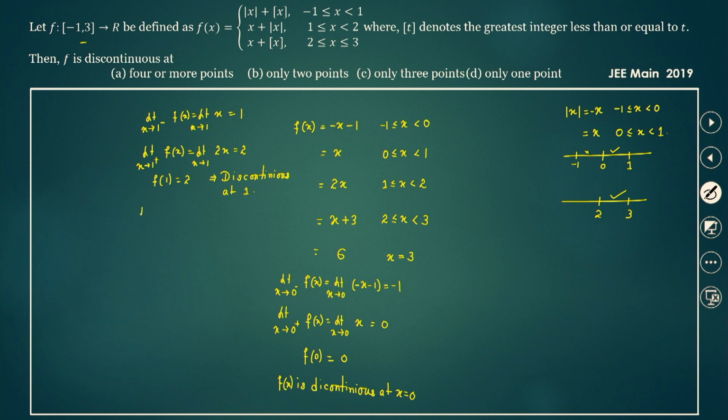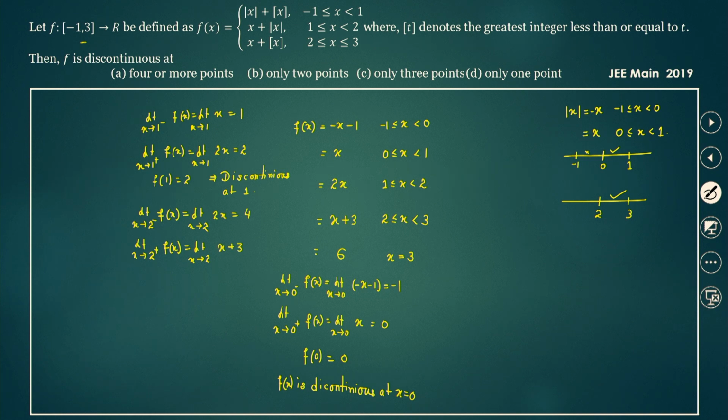Okay, let's go ahead and test for 2 minus. So the limit as x tends to 2 minus f(x) is equal to the limit as x tends to 2. 2 minus means we have to use the definition of 2x, that's 4. If I find the limit as x tends to 2 plus f(x), we'll see that the function value became x plus 3.